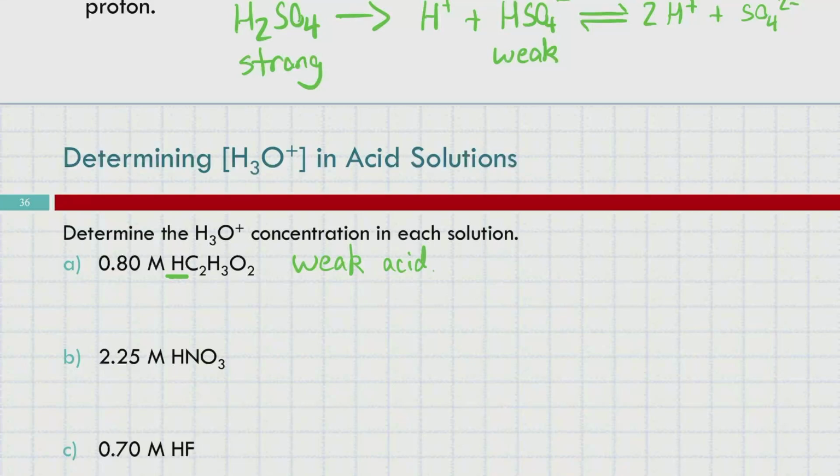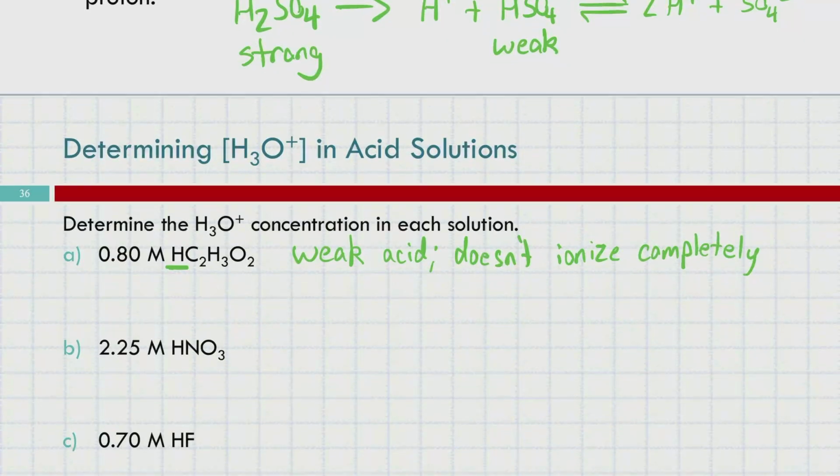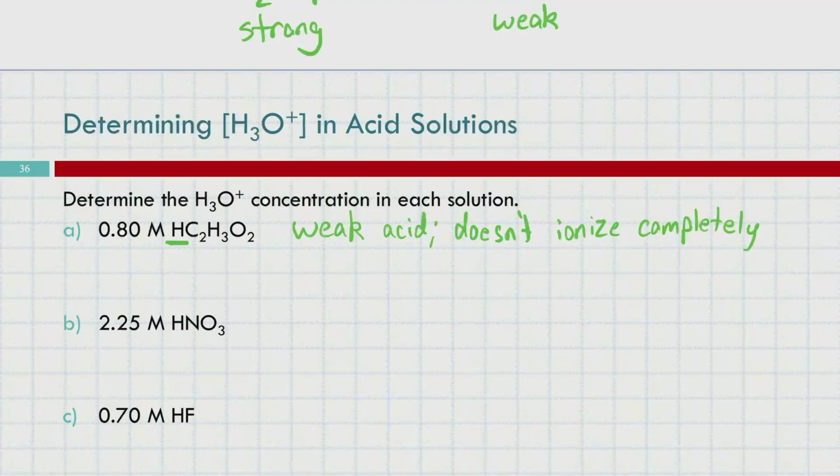This is the one that's in vinegar. Since it's a weak acid, it doesn't ionize completely. It will ionize a little bit. So it's going to have a concentration of H3O plus.